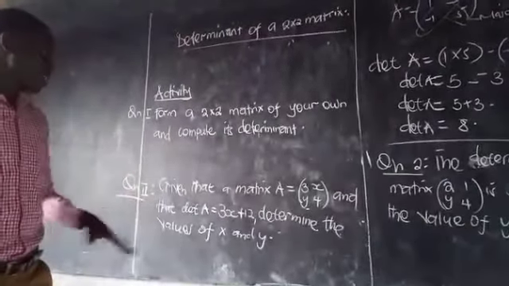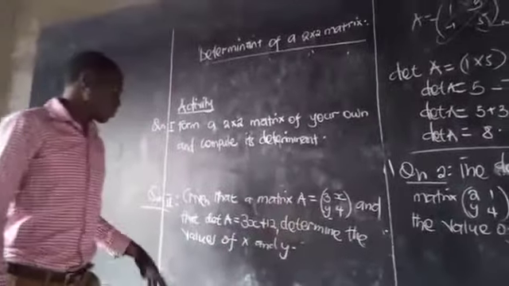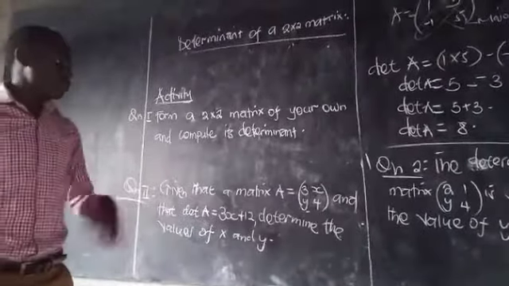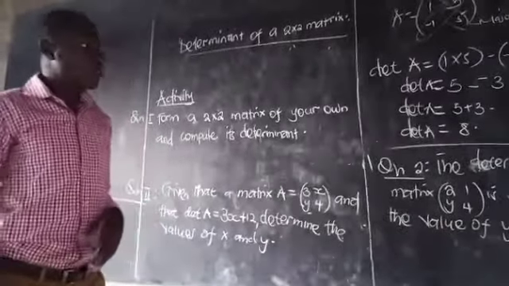Question 2, you are given a matrix and we are told that its determinant is given by 3x plus 12. Determine the values of x and y. Find the corresponding values of x and y.